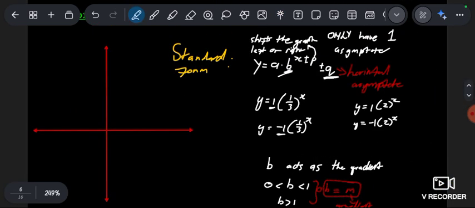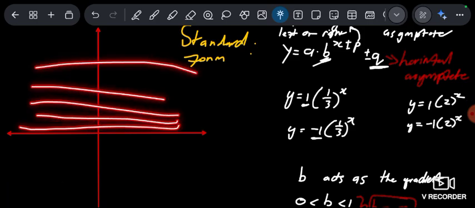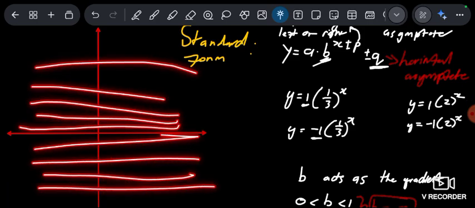Now, I want you to look at something that I did over there. There was no point in time where I made this graph touch the x-axis. Why? Because we said that this graph specifically only has the horizontal asymptotes. Right?